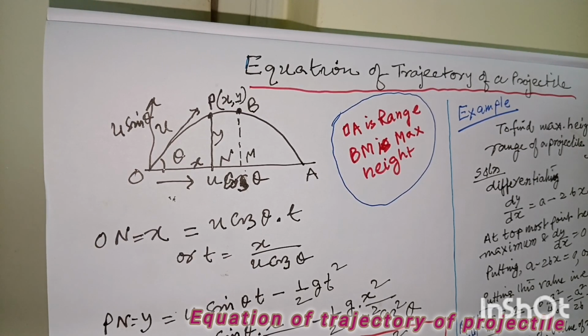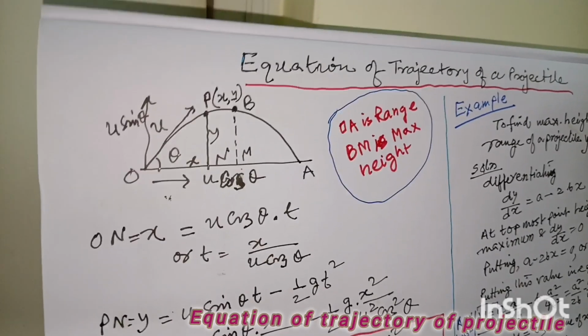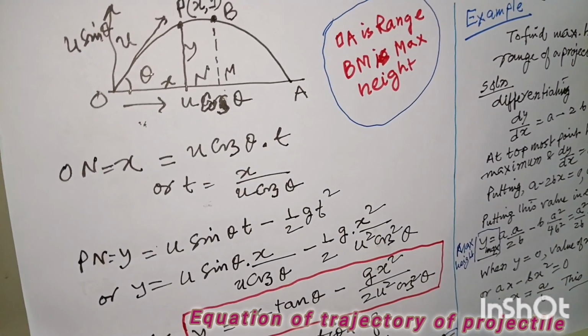Suppose in time t the point goes to P. So in time t, ON becomes u cos theta into t, because u cos theta is a constant horizontal velocity. So that gives t equal to x by u cos theta.